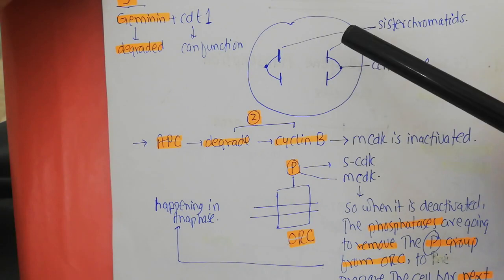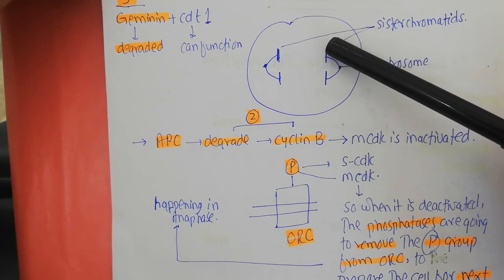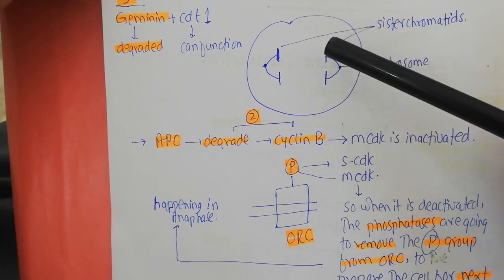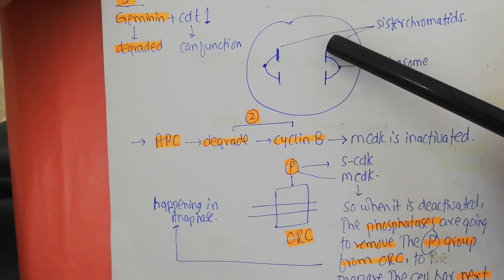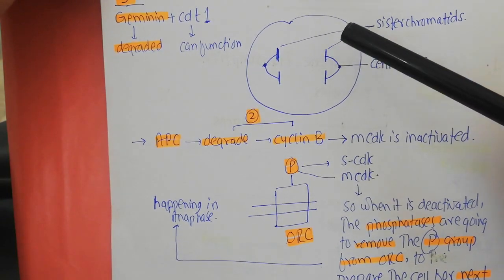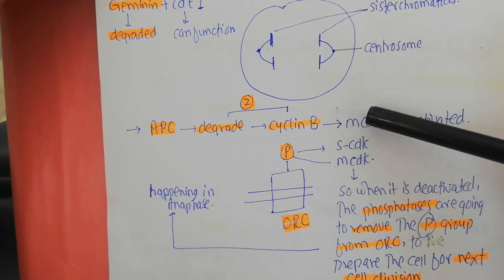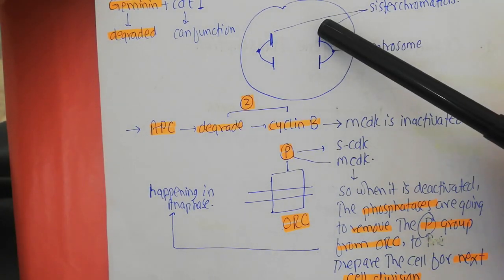But you cannot make this genetic material transcriptionally active unless you have made it loose, unless you have removed the condensation of the genetic material. If the MCDK is activated all the time, that means that the condensation complex will be active all of the time, and because of the condensation complex, the genetic material will always be in the condensed form.